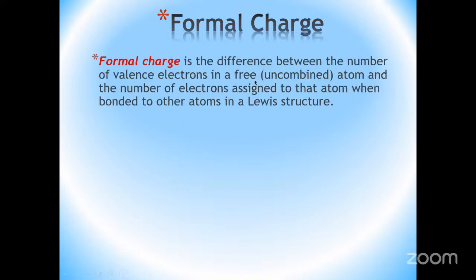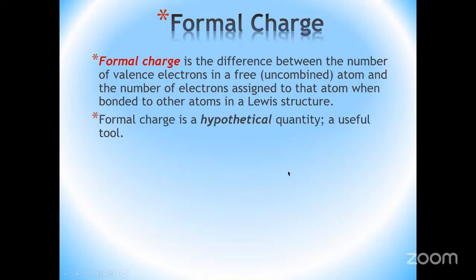Okay, formal charge. Very important, especially when it comes to multiple bonding. What do we mean by formal charge? The formal charge of an atom, and this could be in a molecule or ion, is the difference between the number of valence electrons in a free uncombined atom and the number of electrons assigned to that atom when bonded to other atoms in a Lewis structure.